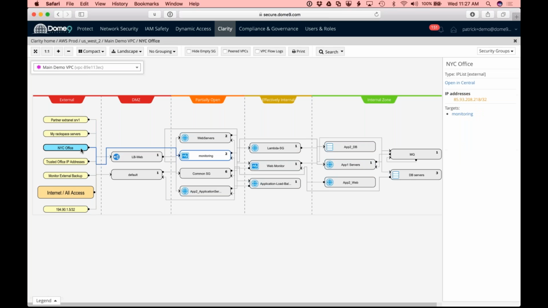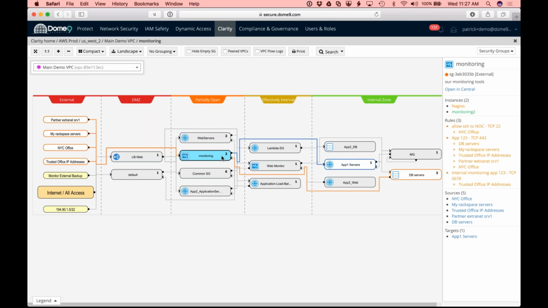IP lists are Dome9 conventions that allow you to group raw IP addresses or ranges and give them English names, English labels, really enhancing the understandability, the readability of information within Clarity and within the Dome9 audit trail. So, it's very easy for me to understand where traffic's coming in and where traffic's permitted to flow out.